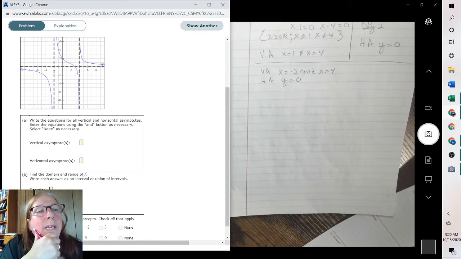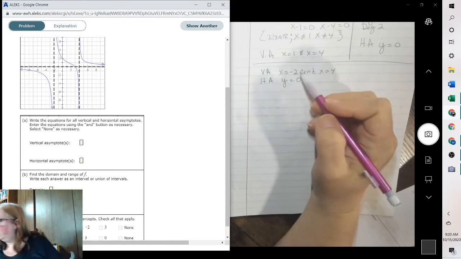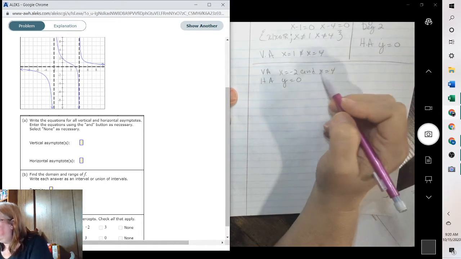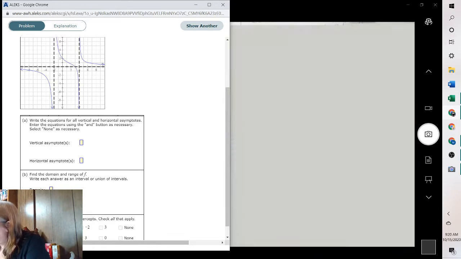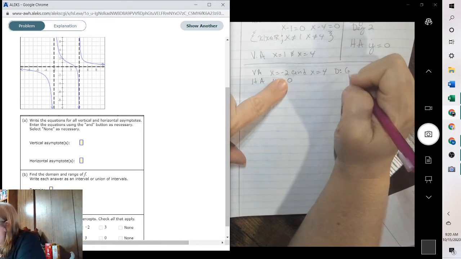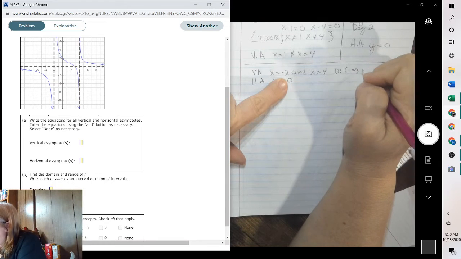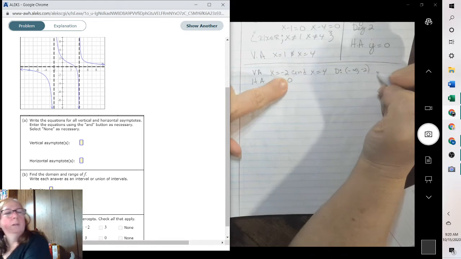Find the domain and the range. When you're finding the domain, you're going across the x, so whatever's omitted here gets omitted. So our domain is negative infinity to -2.